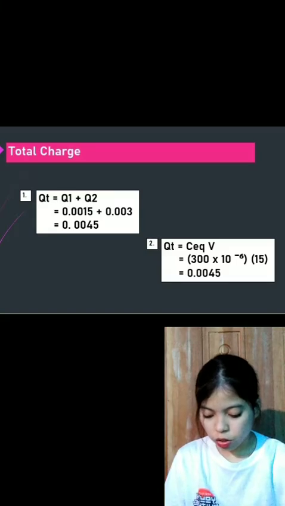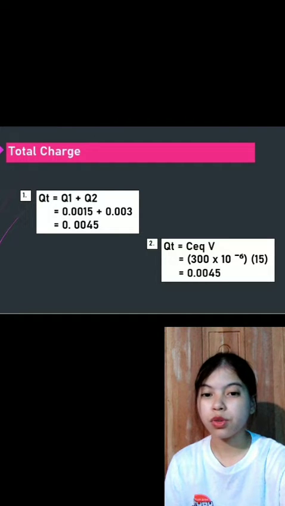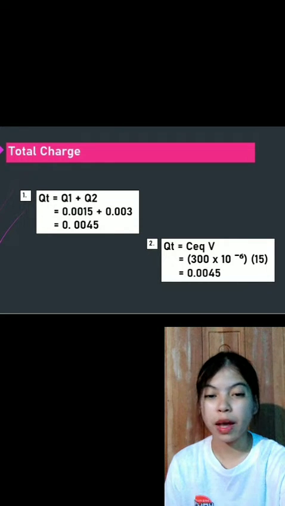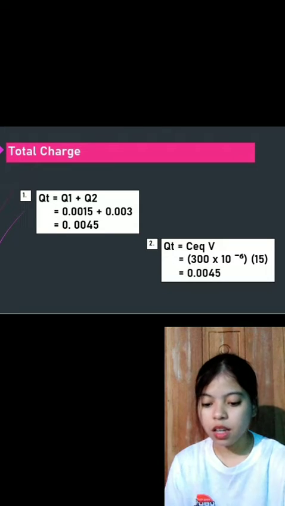So next, get the total charge. QT equals Q1 plus Q2, so 0.0015 plus 0.003 equals 0.0045 coulombs.